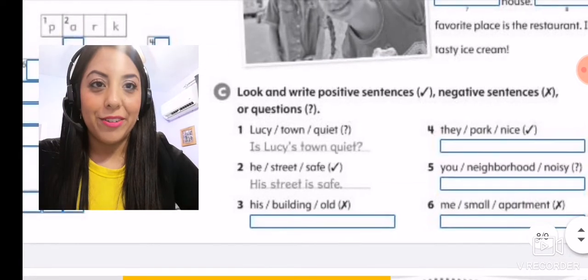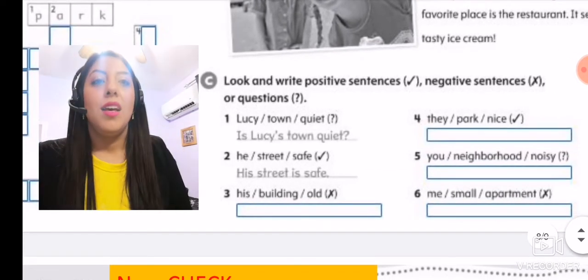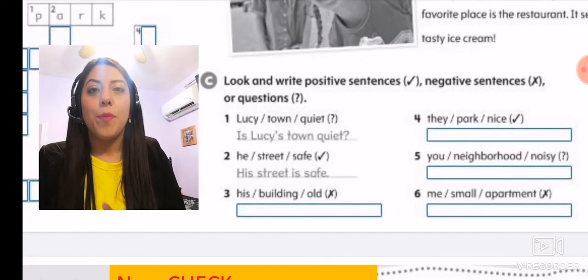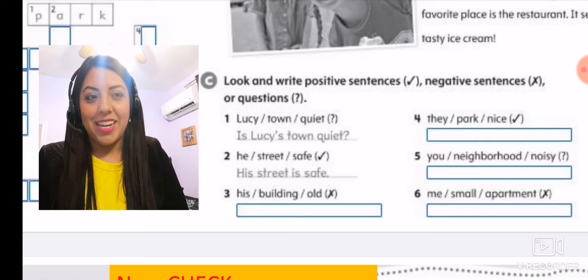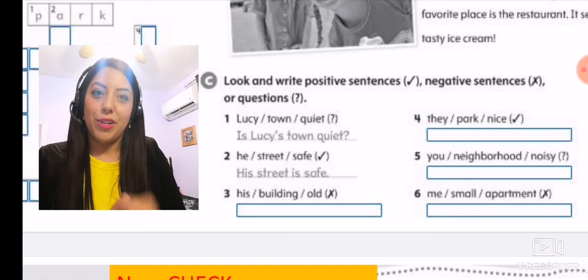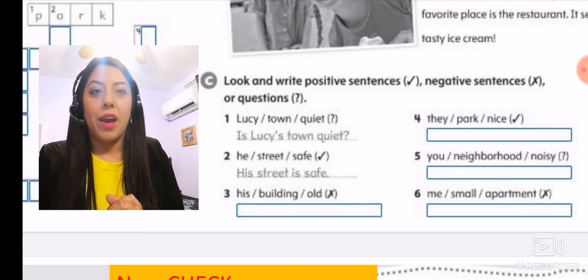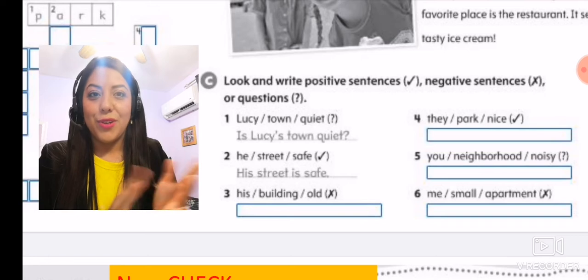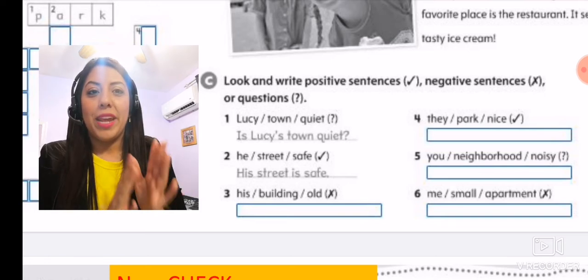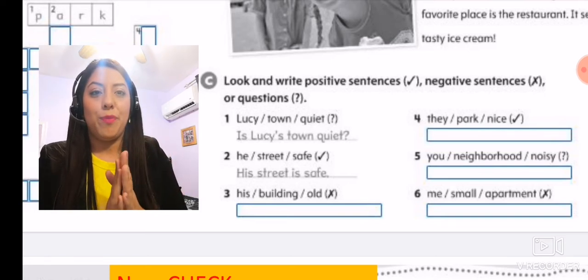This one right here, if you can see it. Look and write positive sentences, negative sentences, or questions. For example, the number 1. Is Lucy's town quiet? Yes or no? So you're gonna create the question. That is the example.